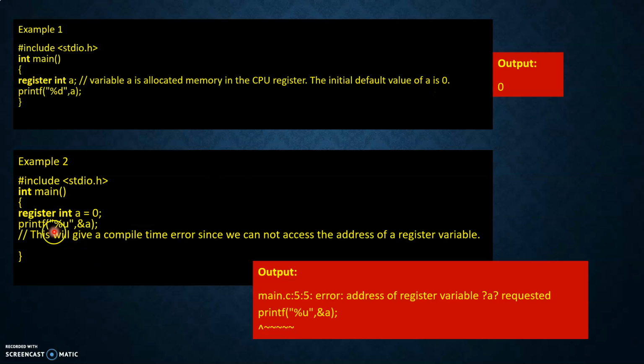But the second time, when you are giving %u, then who is taking it? You have declared a variable integer a equal to 0, but when you go for the print, you are writing %u. That means it will say a is an undefined variable. Check for it. And then it will give an error, or a compile time error. Okay. So this is the utility of register.